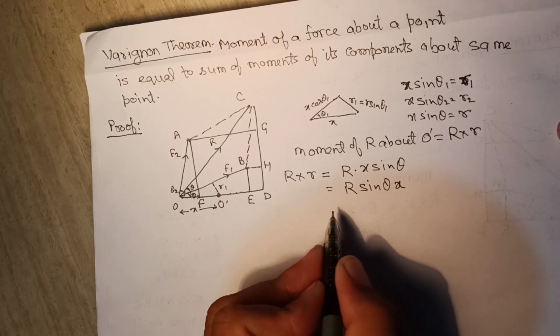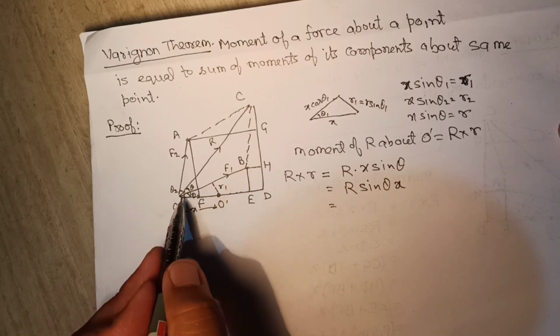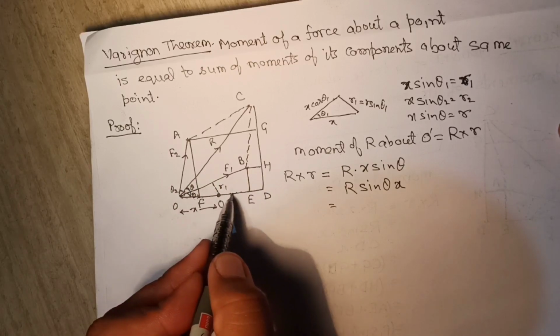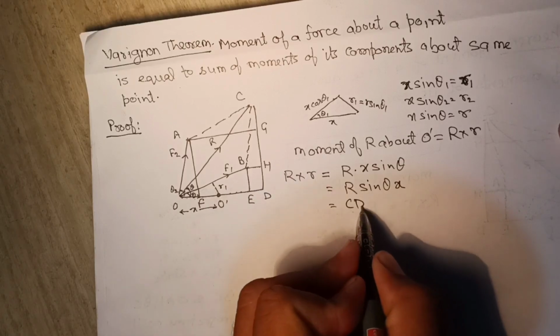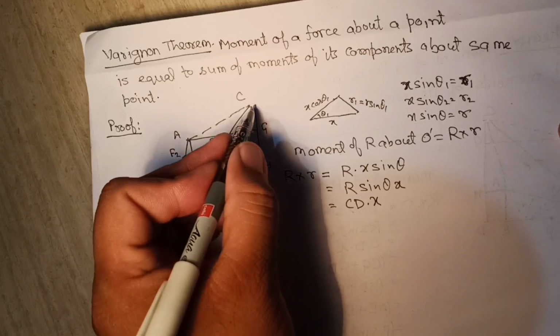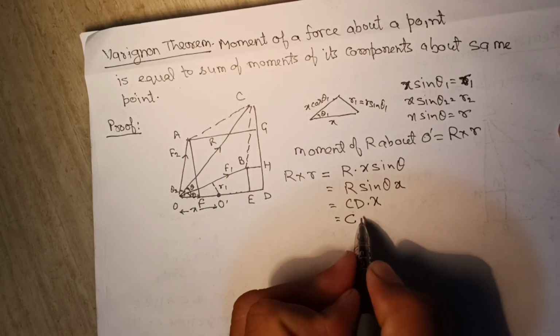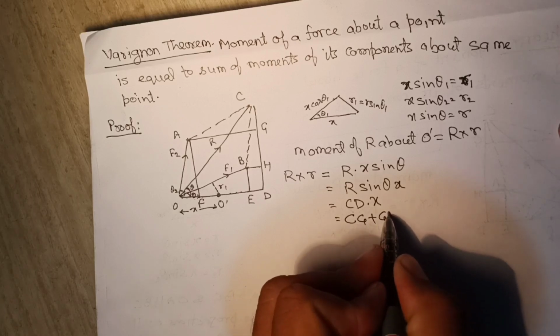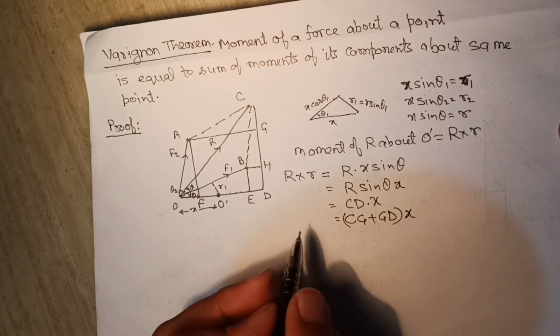So we can write R sin theta into x. Now from figure COD, we can say R is the resultant and theta is the angle, so its components will be R cos theta and R sin theta. So R sin theta can be written as CD, so we will write CD into X. Now CD can be written as CG plus GD.